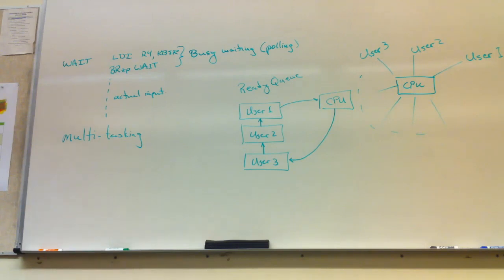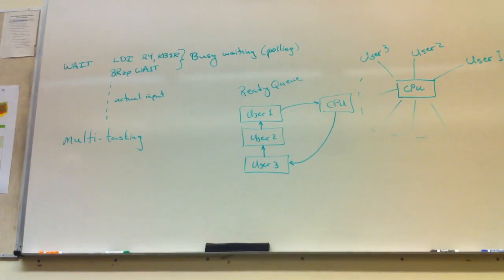Okay, so people realize this pretty quickly in time-shared systems that you can end up, in essence, wasting an awful lot of CPU time in doing this kind of an operation.